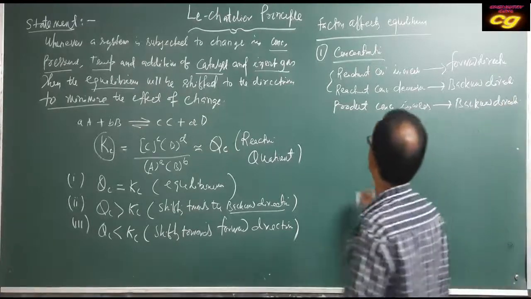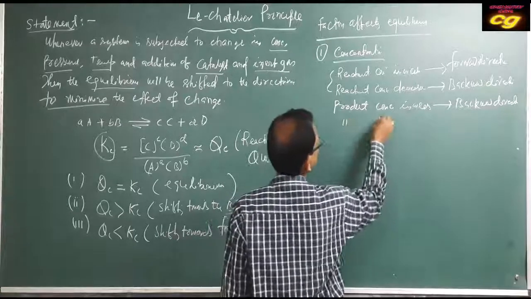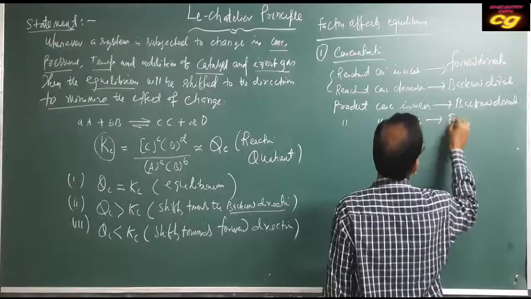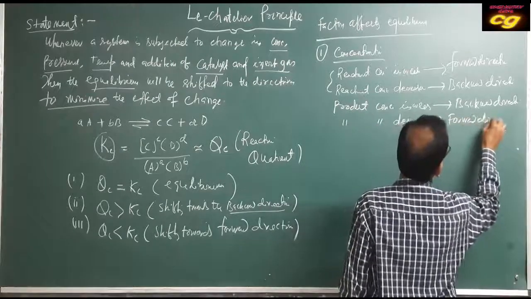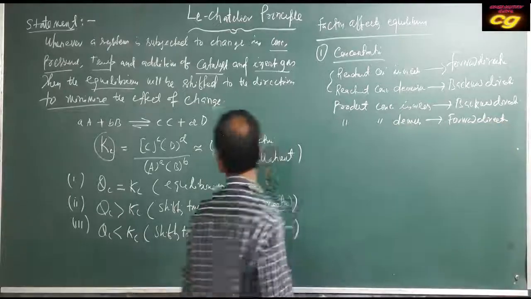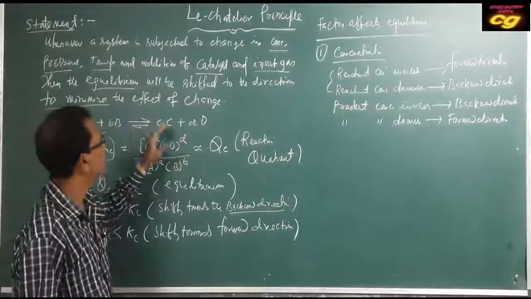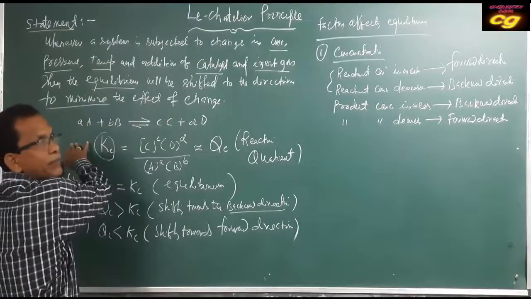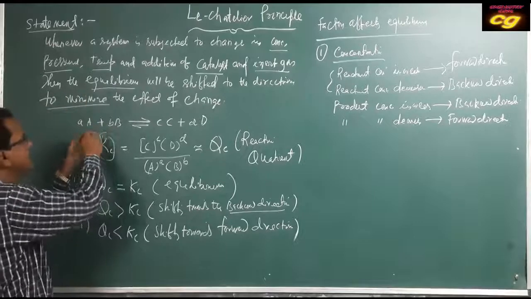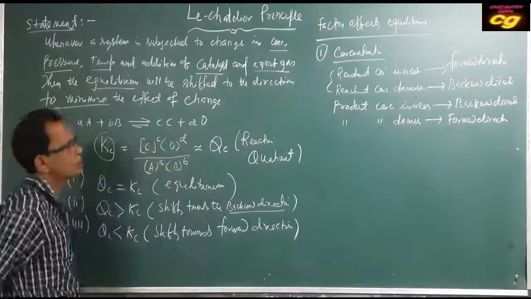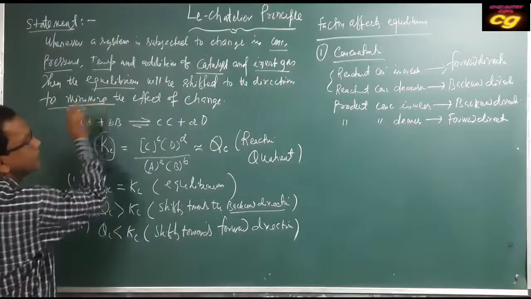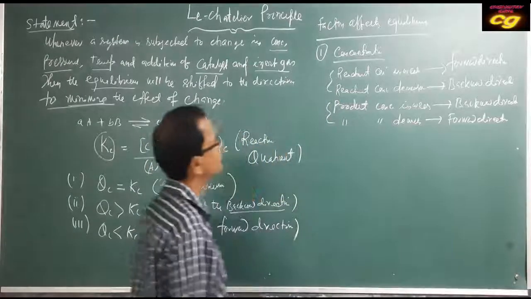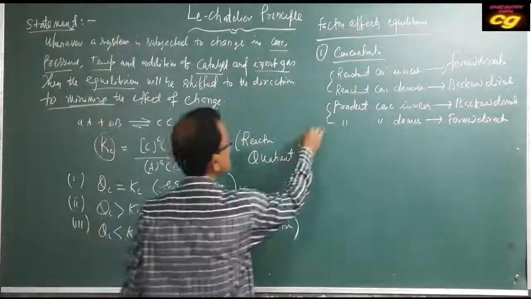Just opposite, if product concentration decreases, it moves towards the forward direction. This is a very simple concept. When CD concentration increases, it shifts towards A and B. If AB concentration increases, it shifts towards C and D, just opposite, to minimize the effect of the change. So this is very important for the factor of concentration.